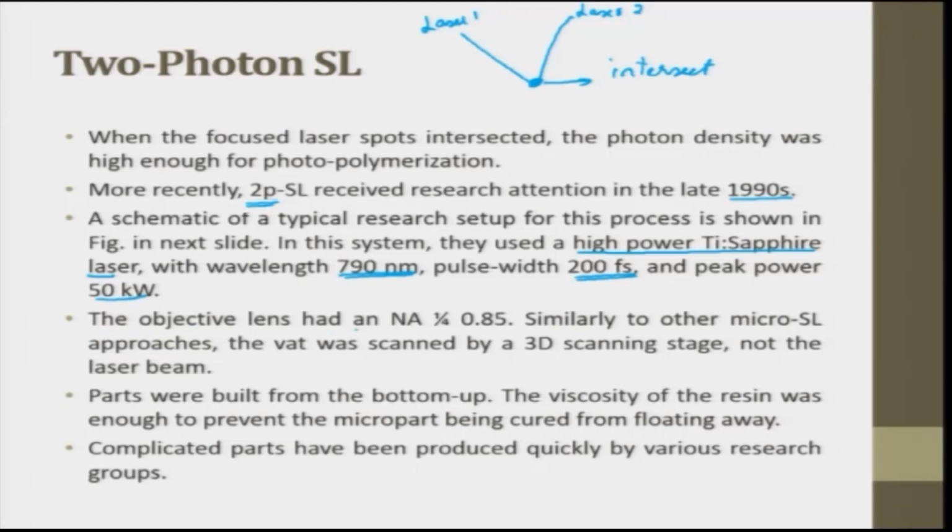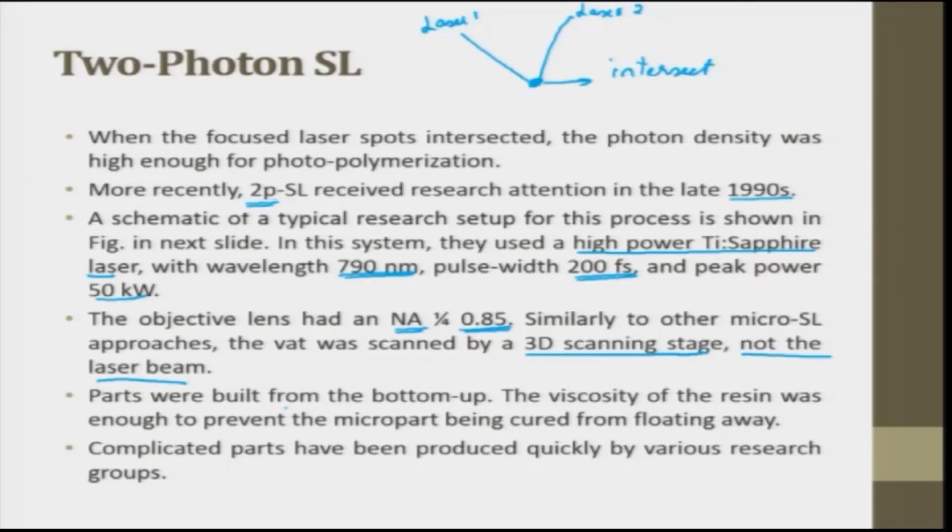The objective lens has a numerical aperture of 0.85. Similar to the other micro stereolithography approaches, the vat was scanned by a 3D scanning stage, not by a laser beam.